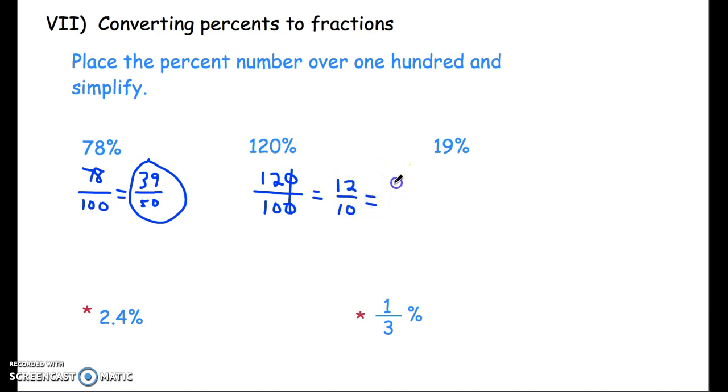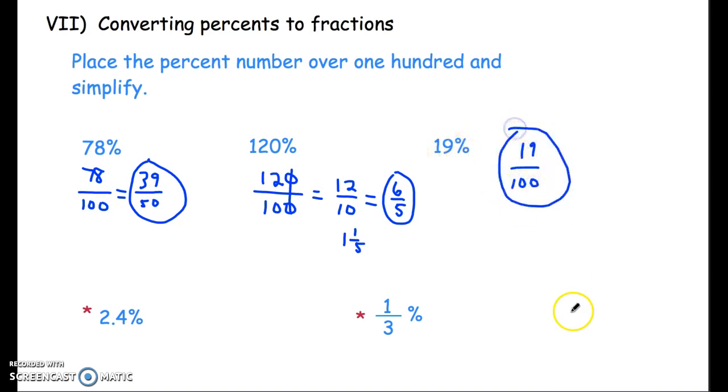So I'm going to be left with 6 over 5. We're going to embrace the improper fraction. We can leave it like that. If you wanted to, you could change it to 1 1/5. But staying with the improper fraction is okay. 19%, 19 over 100. 19 is a prime number, so that's done.